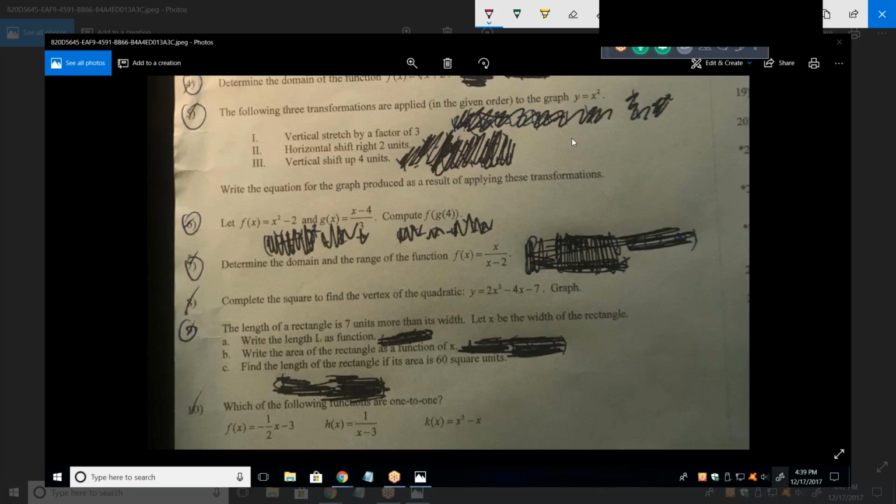And that is the way to write that: negative infinity comma 2, parentheses, because it cannot be 2, in combination with or union with 2 to positive infinity. Okay, now range. Isn't that just negative infinity to positive infinity?